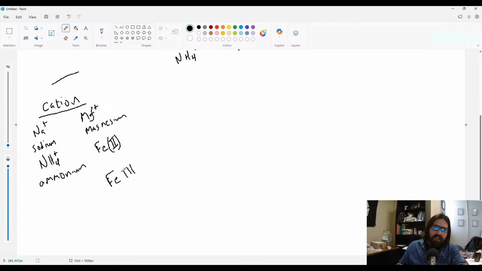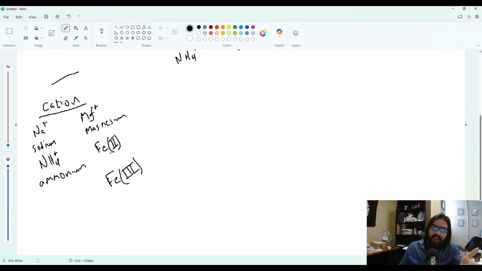And we represent which positive charge it has using Roman numerals. So we would call this iron 2 or iron 3. That's the only other really big delineator when we're talking about cations. We reference the charge of the cation using a Roman numeral. But other than that, it's really straightforward.